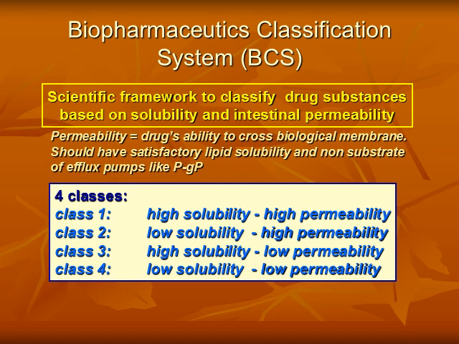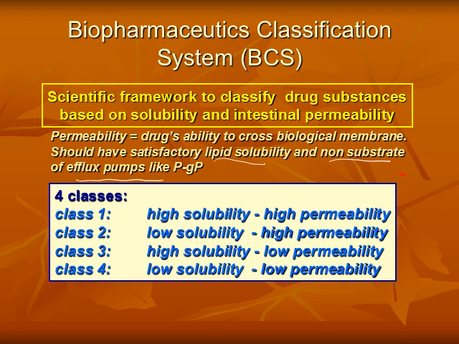So, going back to the biopharmaceutical classification system, which is a scientific framework to classify drug substances based on solubility and intestinal permeability. Permeability is the drug's ability to cross a biological membrane.